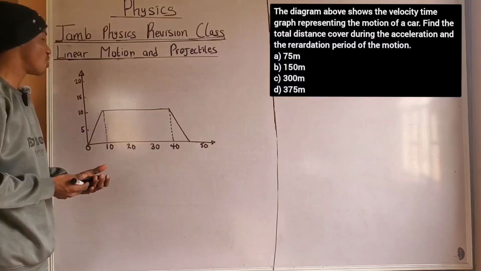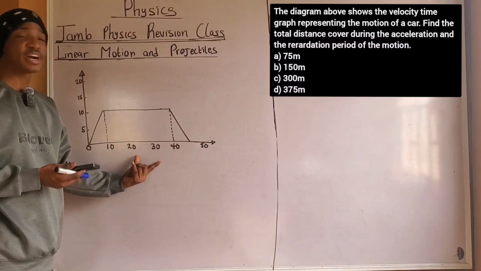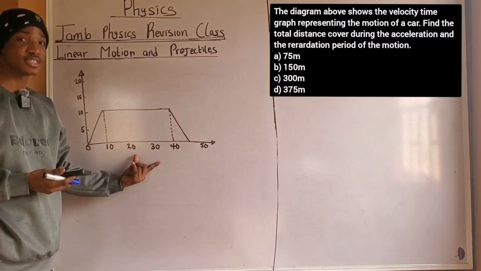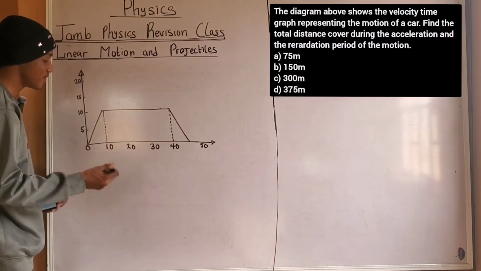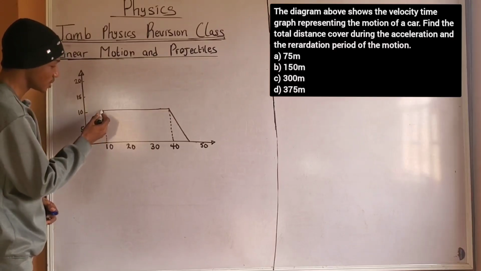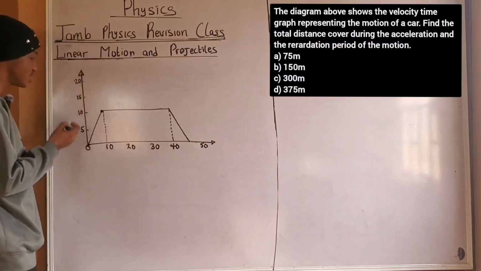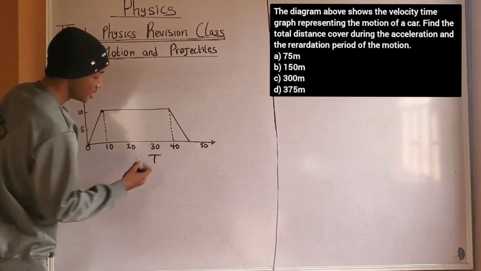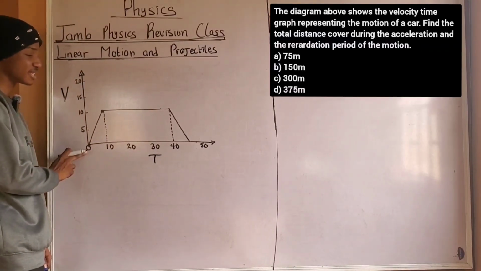On this velocity time graph, we have three phases. The first phase is the acceleration phase, from this point to this point. You can see that the velocity, this is velocity and this is the time, increases from 0 and attains the velocity of 10.